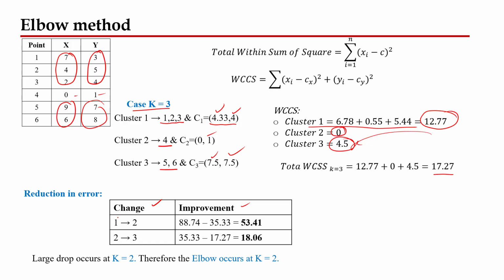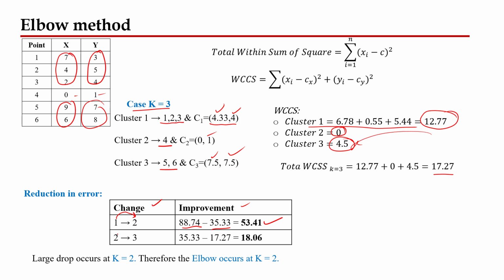When we move from one cluster to two clusters, the total within sum of squares with one cluster was 88.74, and with two clusters it is 35.33. So we got an improvement, which means the within sum of squares is reduced by 53.41.